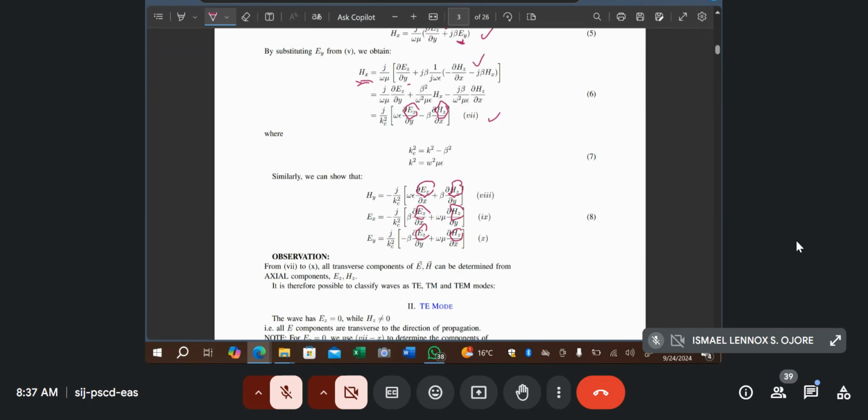And that is why it is now possible to classify the waves as either TE mode, TM, or TEM modes. Okay. And we say for transverse electric, it is Ez that is going to be 0. Anyway, that is the statement, that the transverse components of E and H can be determined from the axial components.